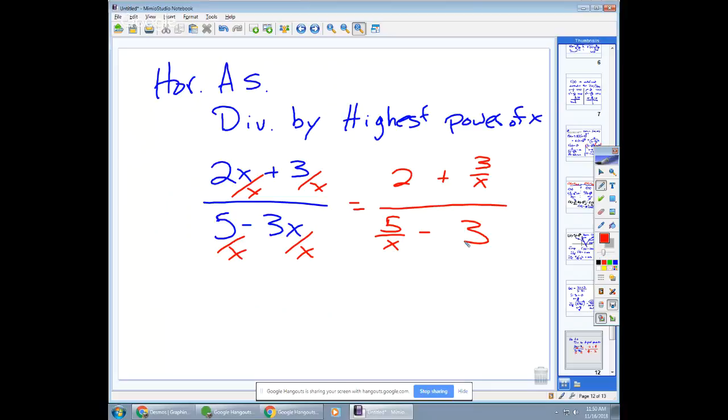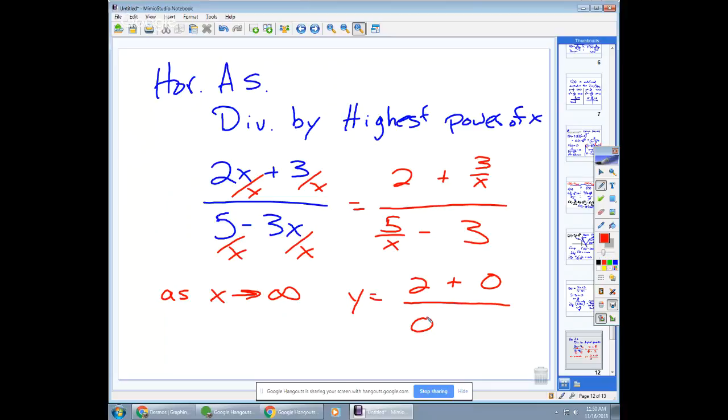And what am I letting x do here? Well, I'm looking for a horizontal asymptote, so that means I'm looking to see what happens as x gets big. What's 3 over a huge number? Essentially 0, right? So that number in the limit is going to 0. 5 over a huge number is getting close to 0.